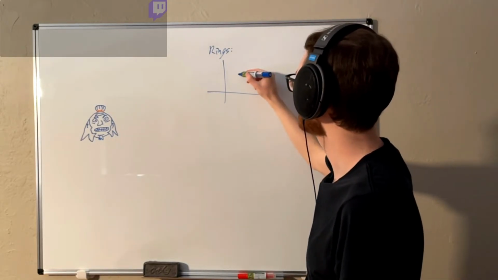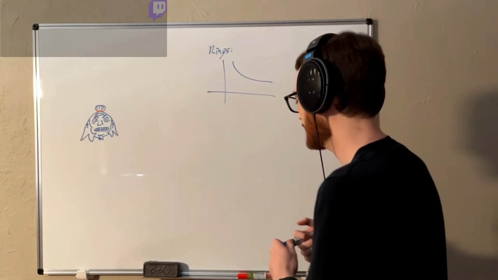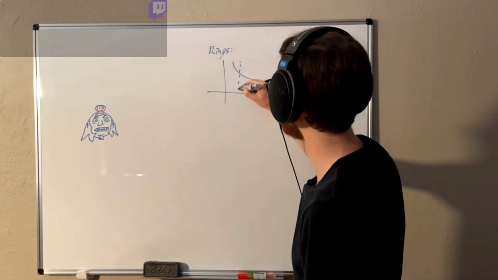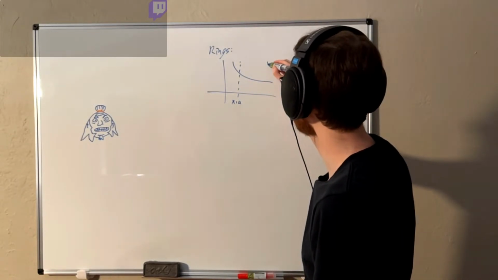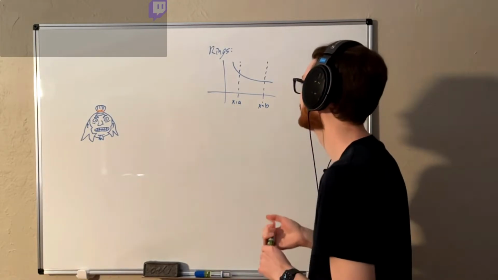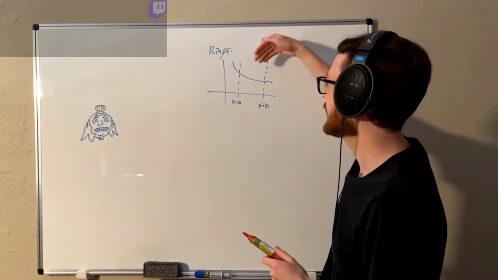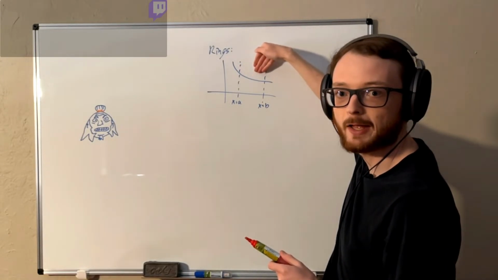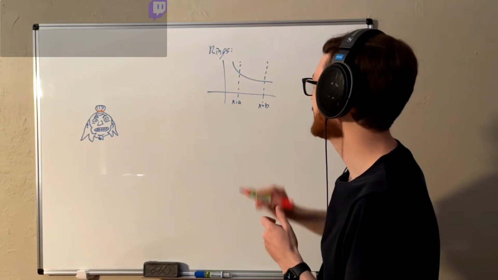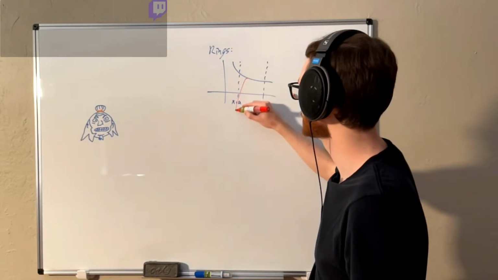So take any generic function you want, and if you want to get the volume of the solid generated from x equals a to x equals b, what you do is you imagine the function as basically the outer boundary of a ring. So I'll just take it at some arbitrary point on the function there.